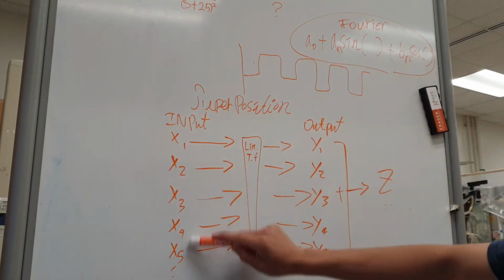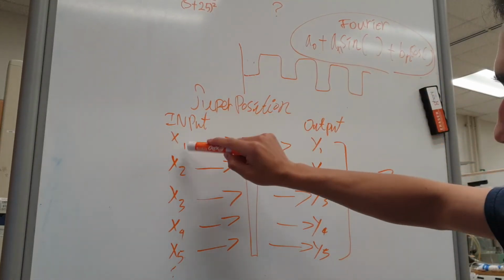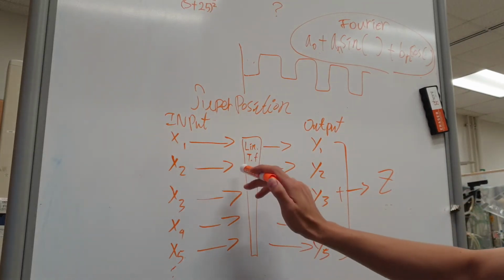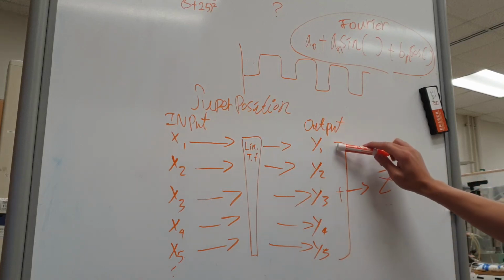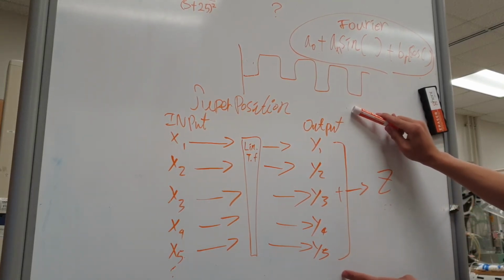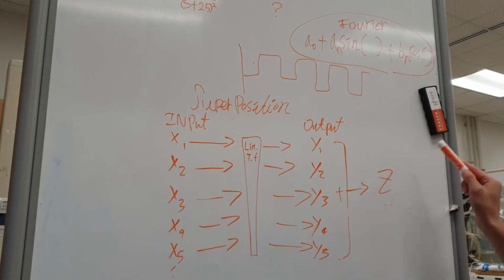So we have multiple inputs, like these harmonics, and we can get the output corresponding to each input, and we can add all these outputs together to get one single output.